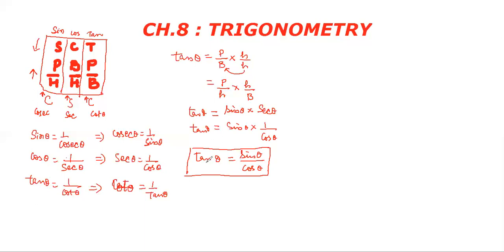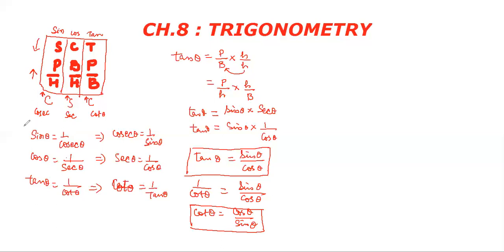And if I replace this tan theta by 1 by cot theta, so in place of tan theta, I can write 1 upon cot theta is equal to sine theta upon cos theta, and now I'll take reciprocal on both sides. So it will become cot theta equal to cos theta upon sine theta. So another very important formula, we got it.